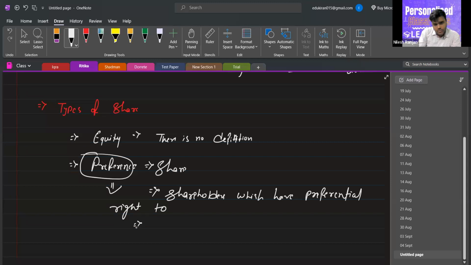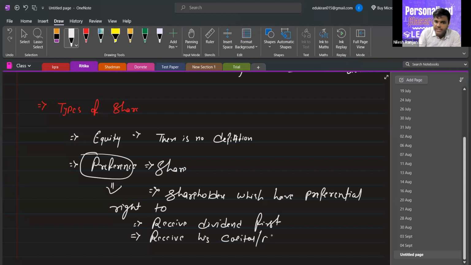There are two preferential rights given to preference shares. Shareholders have the preferential right to receive dividend first, and then receive their capital or money back at the time of liquidation.